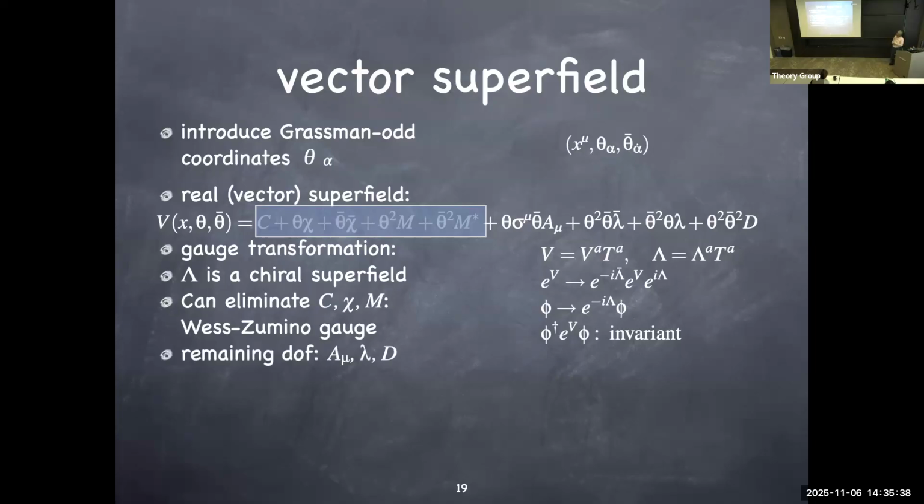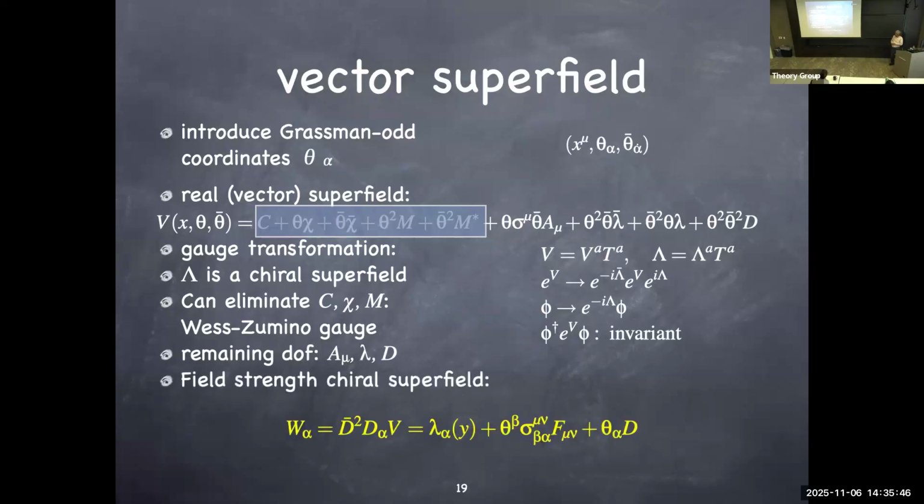So the remaining degrees of freedom are really just a gauge boson of spin 1, gaugino of spin 1/2, and something not dynamical you can eliminate. And there's a specific way of writing down the field strength where F mu nu indeed appears in the expression, which is manifestly gauge covariant.